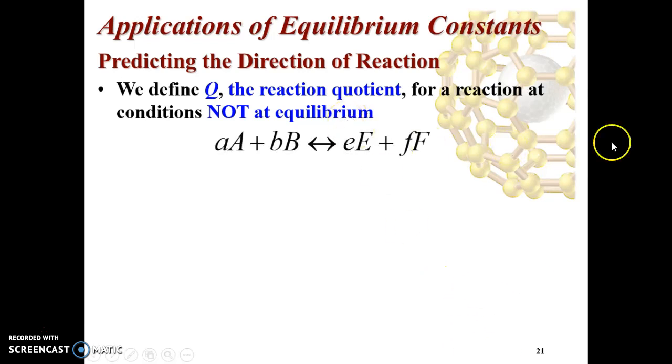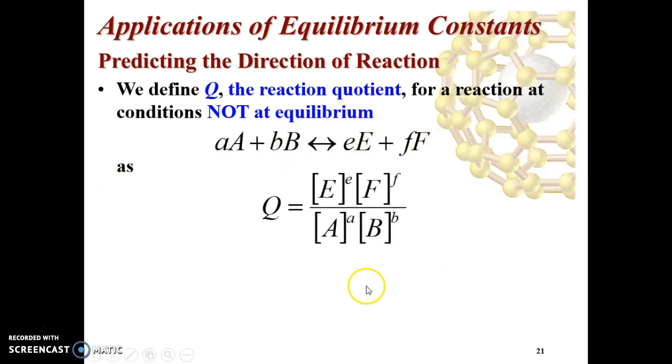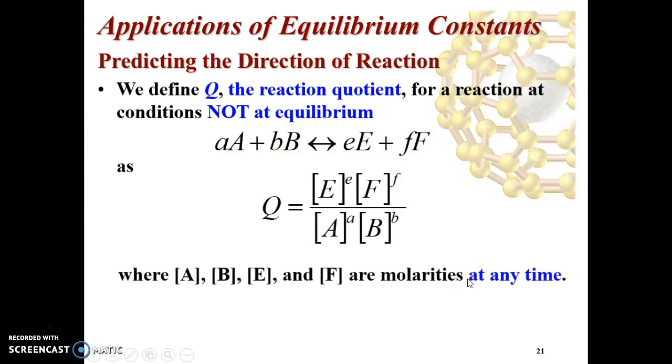So Q, the reaction quotient, is going to be the same expression as I would write for the equilibrium reaction, except I'm not at equilibrium. These concentrations are what I can have at any point in time, not at equilibrium. K is only going to equal Q when I have equilibrium.